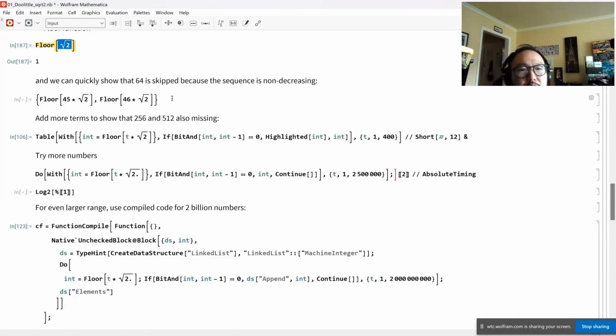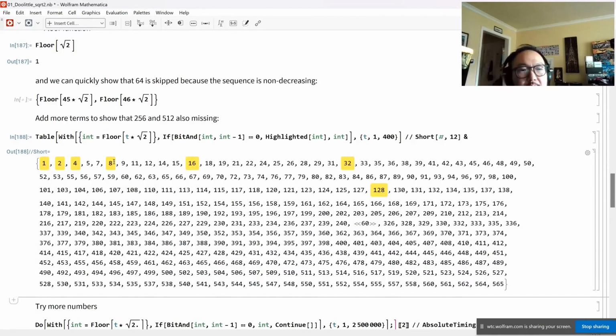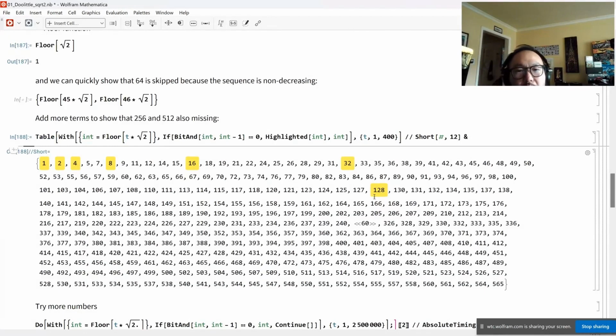And to show that I have a lot more candidates of the form 2 to the power of something, I can just increase the number t, where t is multiplied by square root 2 here. Okay, it shows you more candidates.